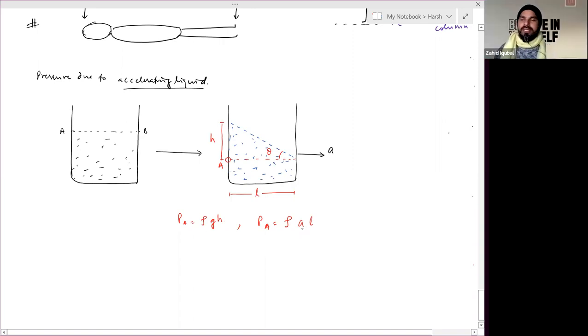We are just calculating in two different ways. So compare these two terms: rho a L equals rho g h.